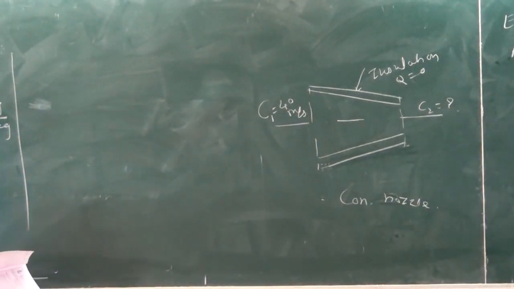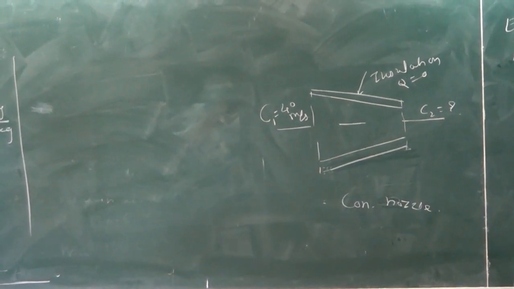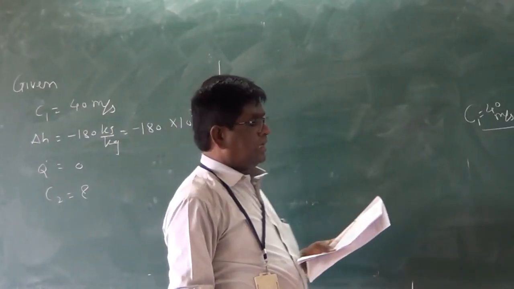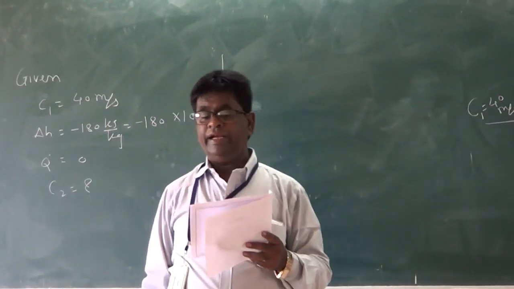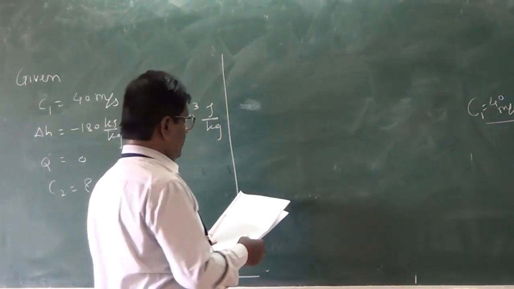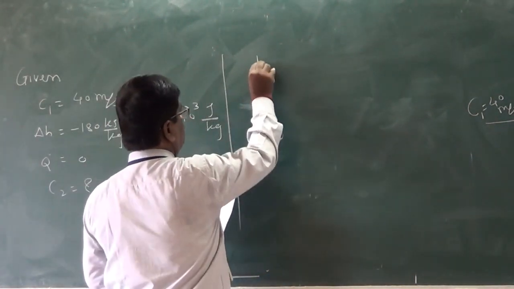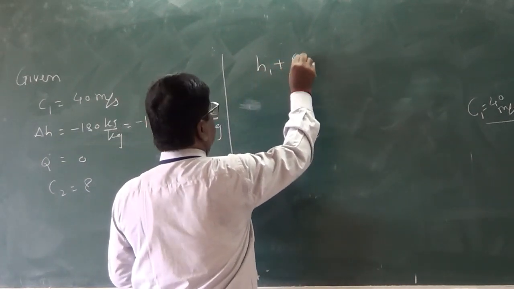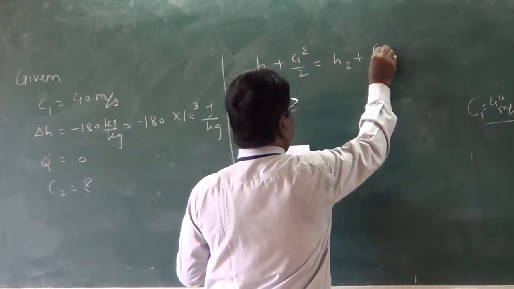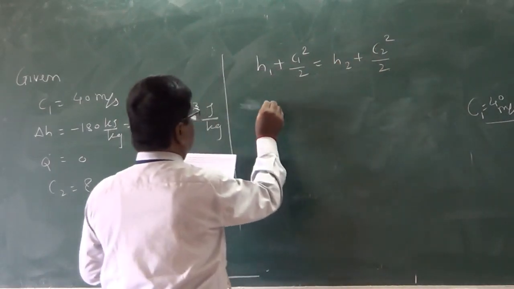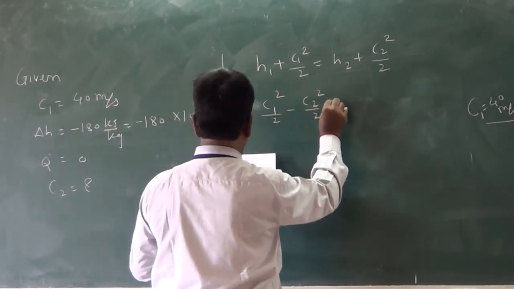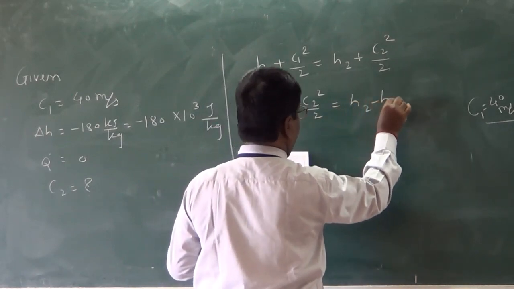Since the nozzle does not have any work and heat interaction, the steady flow energy equation reduces to H1 plus C1 square divided by 2 is equal to H2 plus C2 square divided by 2. So C1 square divided by 2 minus C2 square divided by 2 is equal to H2 minus H1.